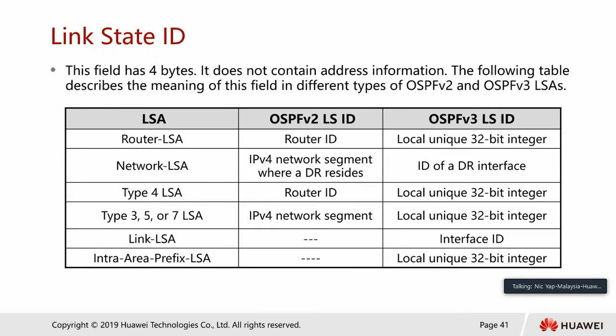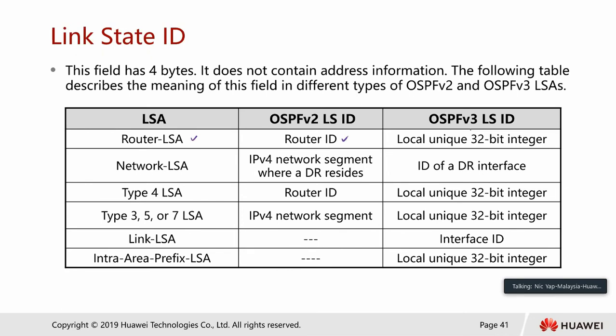Next is the link state ID. Remember that when you configure OSPF and exchange the database, every LSA has a link state ID to identify who they are and what information they belong to. In OSPFv2, a router LSA uses the router ID.